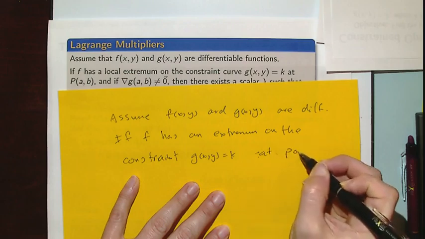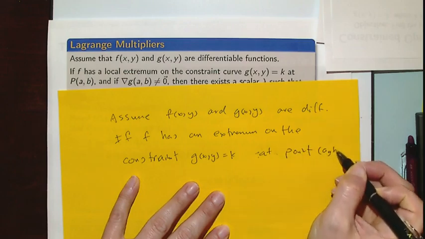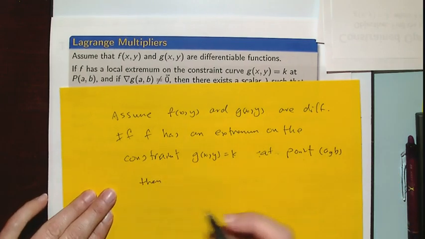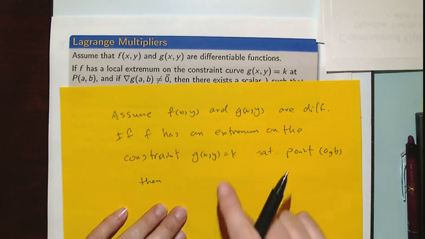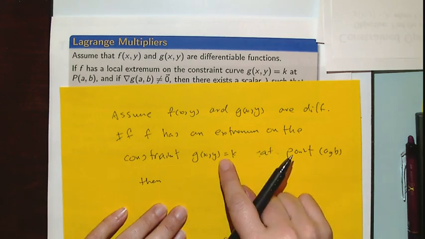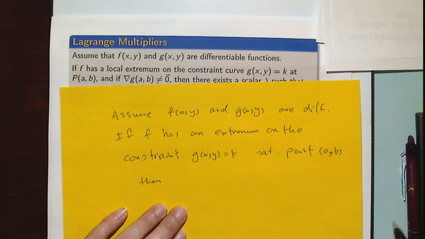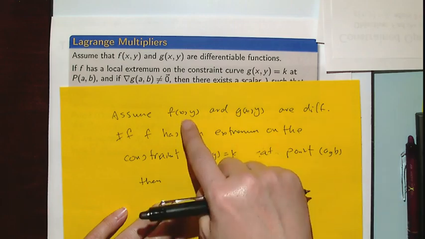At point A and B, basically this constraint curve is going to be parallel to the level curve of f.